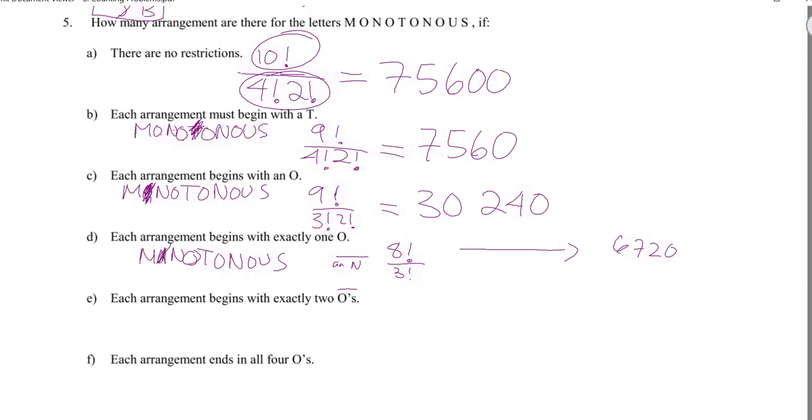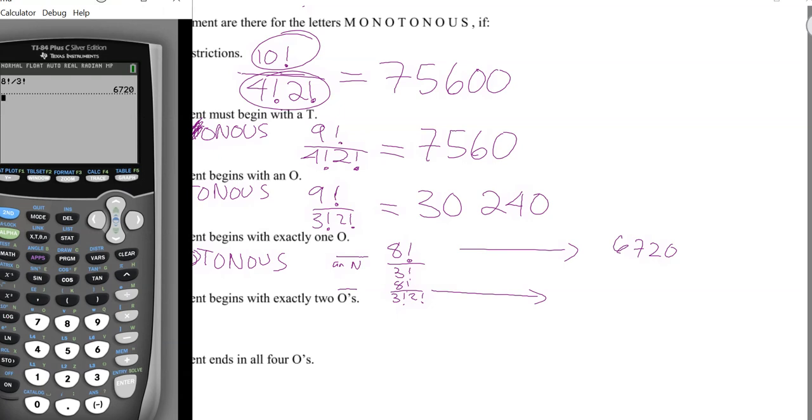Okay, so we're using an O. Let's do not an N, any other letter. Doesn't much matter. So now, what do we have? 8 letters again, but 3 of them are O's and 2 of them are N's. And that's basically just that number there divided by 2 factorial, which is 3,360.